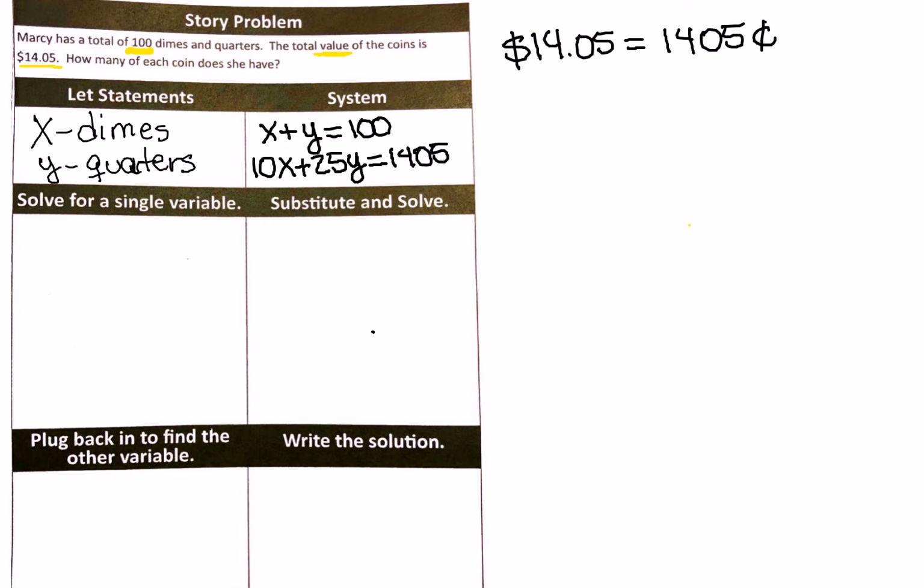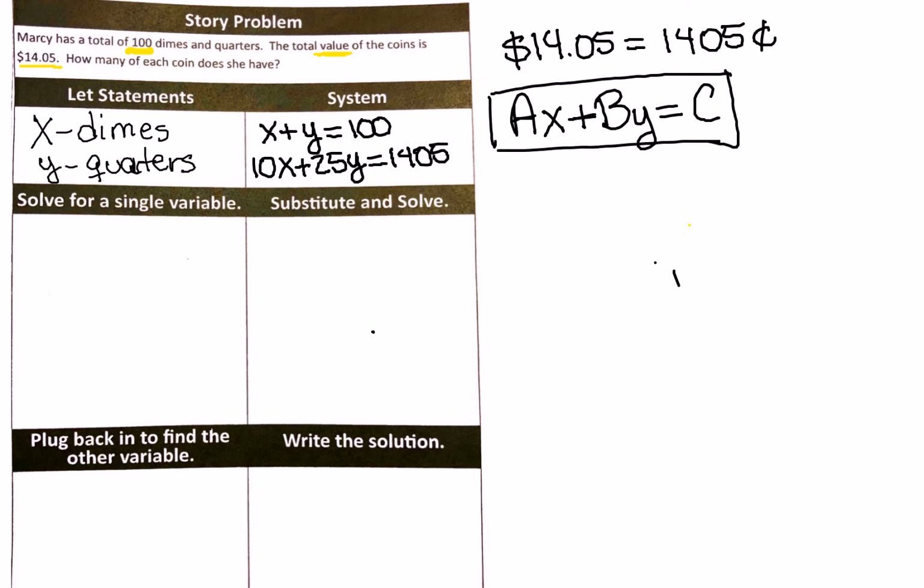Now I have my system set up, and I have to choose what method is better for me to solve this system. Like I said, every time that you have both of your equations in standard form, remember standard form is Ax plus By equals C, the best method you can use is elimination.